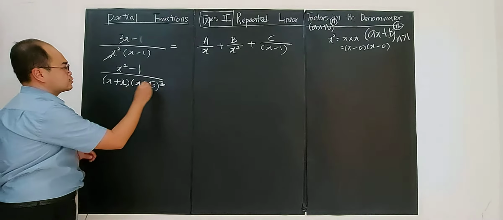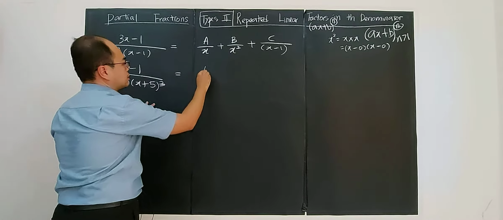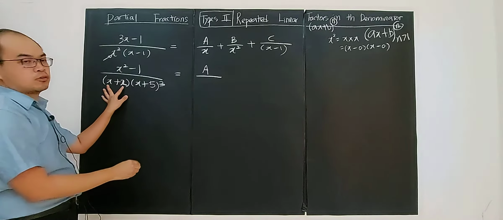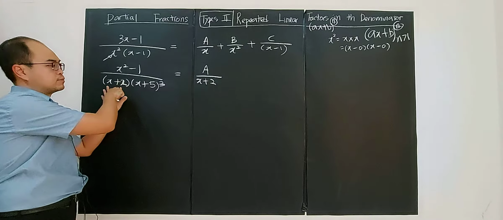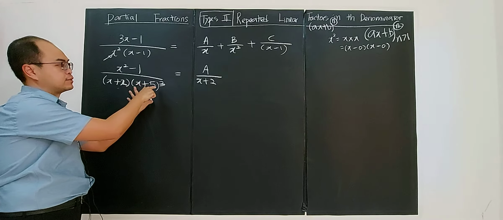So now, for this, you have to rewrite this in the form of A over, for this you have only a single linear factor. But this is a repeated linear factor.